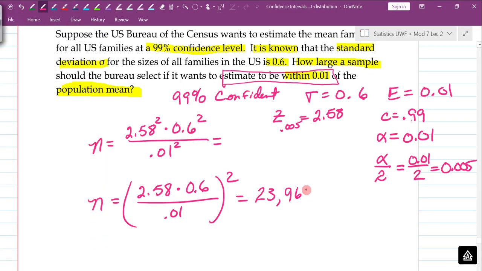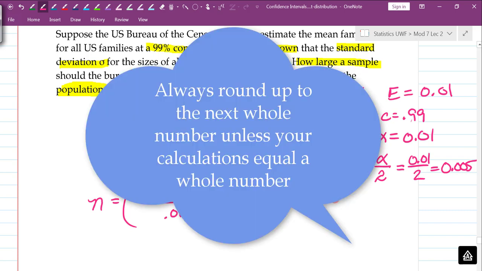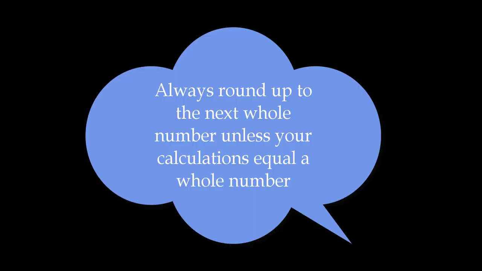Now, can we calculate even this little bit of a person? No. So to guarantee that we meet this requirement, we always round up, unless you get a whole number. And so in this case, therefore, N is going to be 23,964 people.